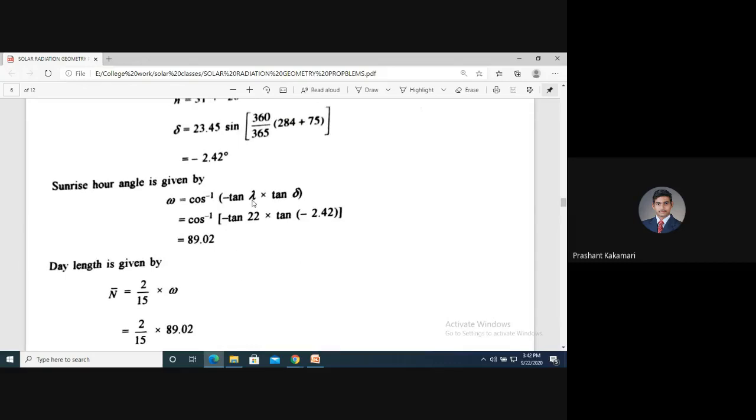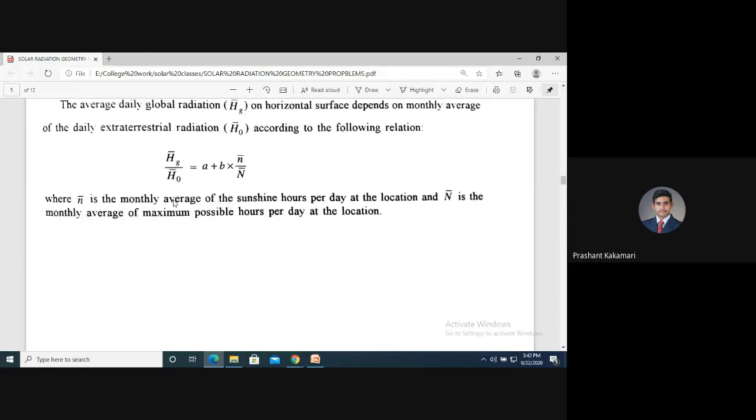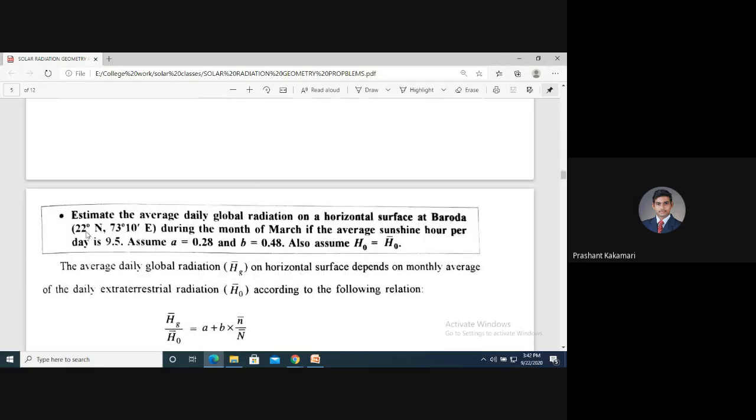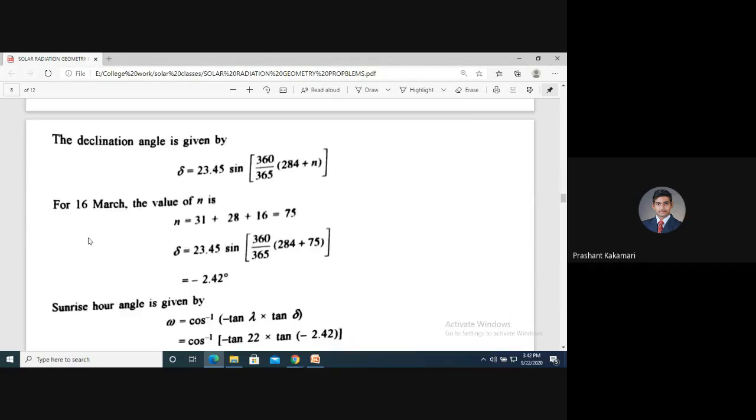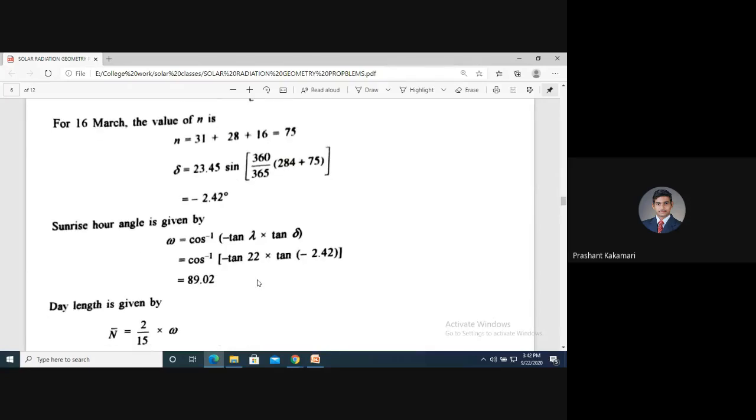So our angle phi or lambda is given as 22 degrees. That is the latitude angle, north side. So I can take the phi or lambda value as 22. Substituting declination minus 2.42, I can find out the hour angle. So that hour angle is 89.02. All of you note down these values.